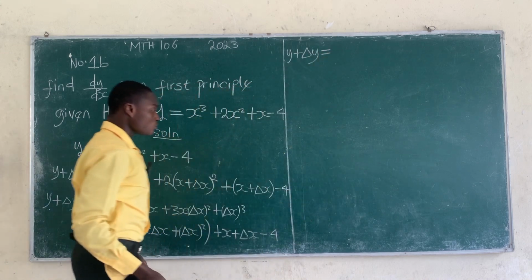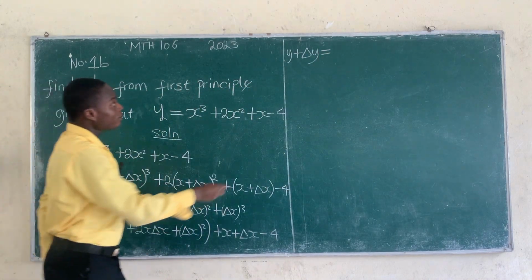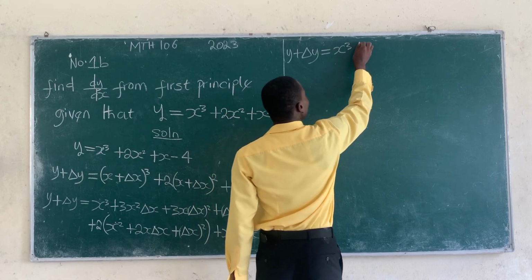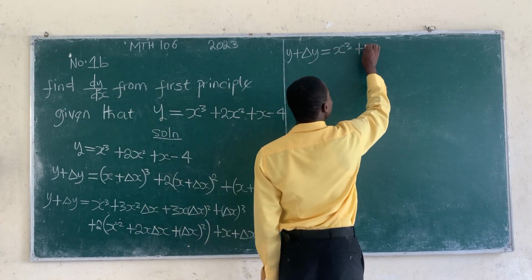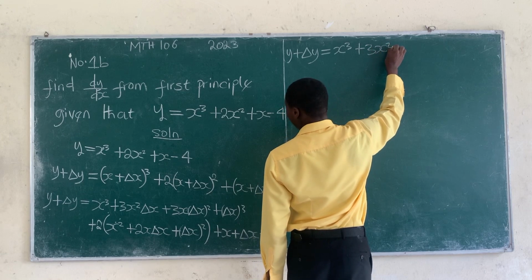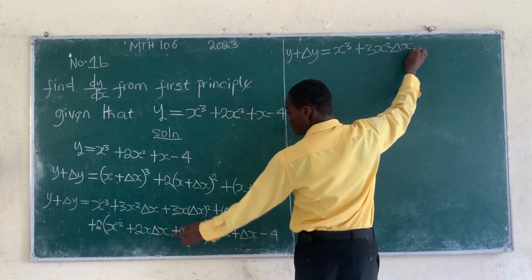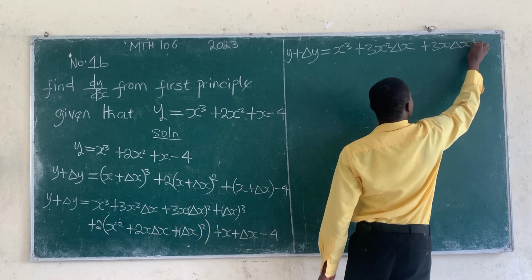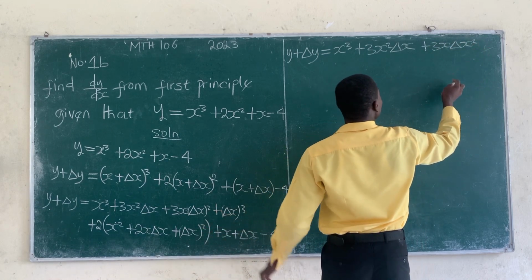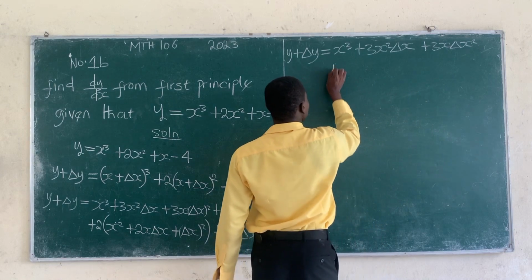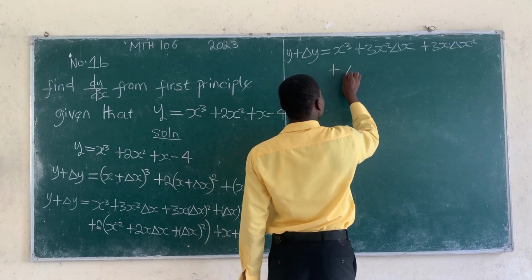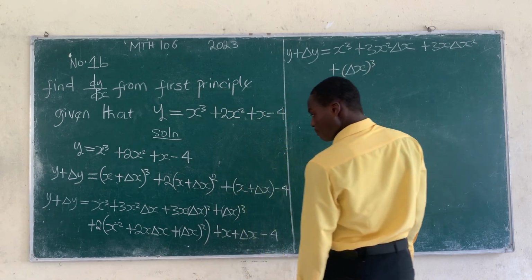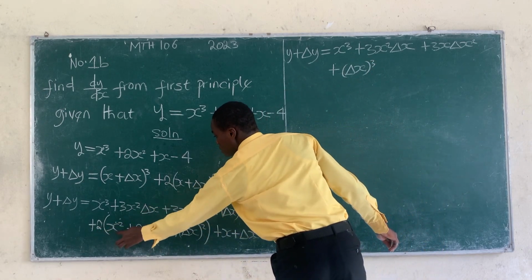This is equal to, we have x cubed here. So we have x cubed plus 3x square increase in x plus 3x increase in x square. The next one there we have is plus increase in x cube.